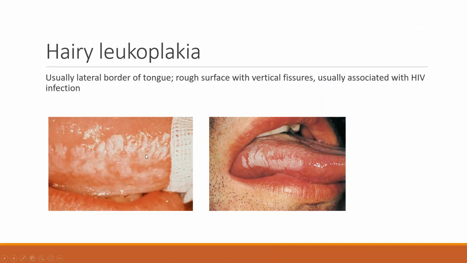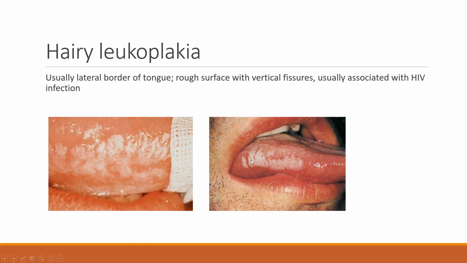The patient does not have any complaints or symptoms. It can appear as a vertical white patch which cannot be separated from the underlying mucosa, seen over the foliate papilla on the lateral border of the tongue.